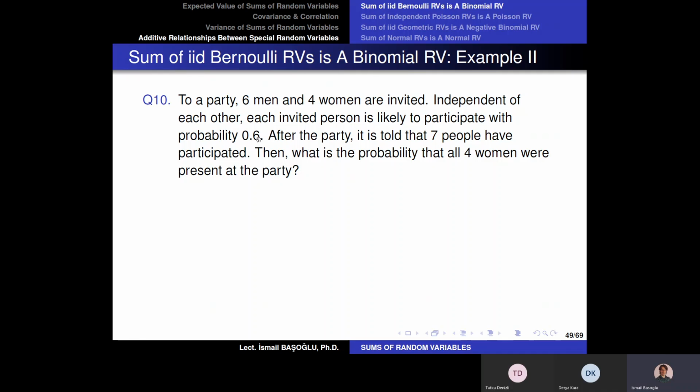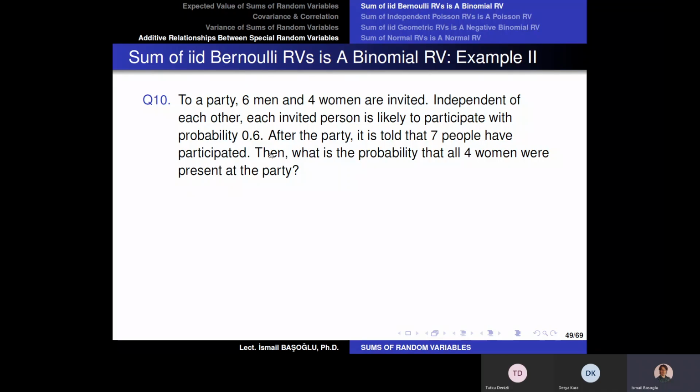And in the end of the party, we have seen that only 7 people have participated. So actually, we have a binomial random variable here, which consists of 10 experiments, 10 repetitions of the same experiment. There are 10 people. Each can be a success with 0.6 probability, but it says that after the party, it is thought that 7 people have participated. So we have observed that binomial random variable.